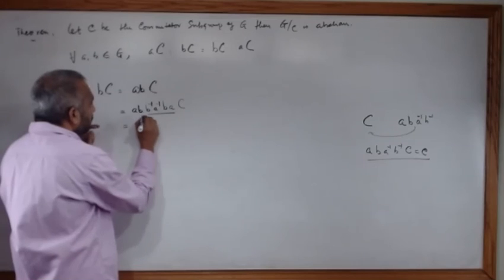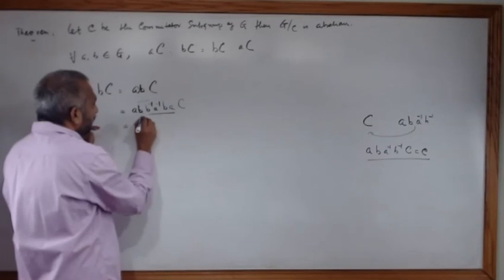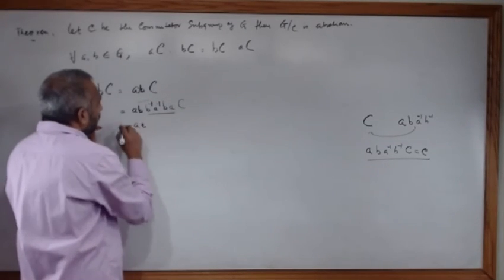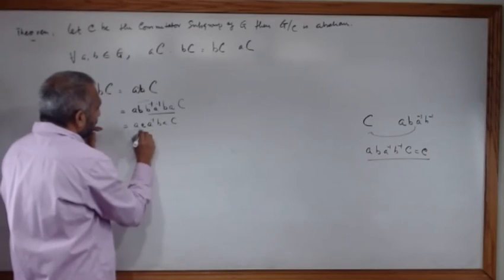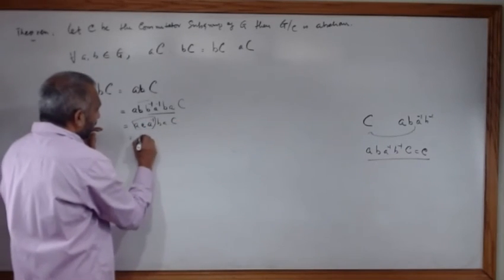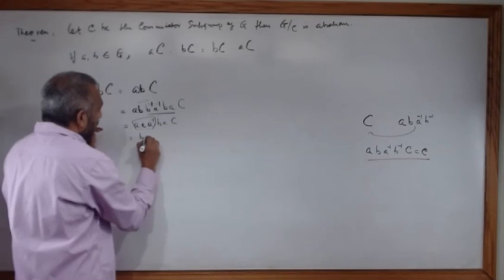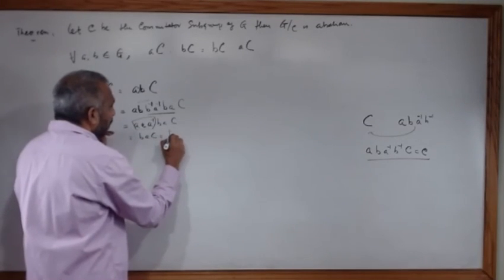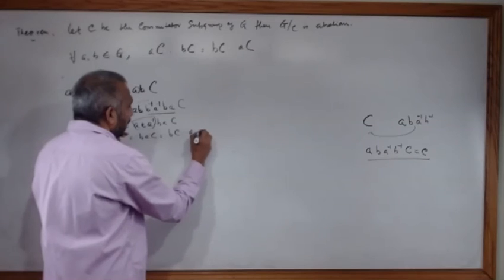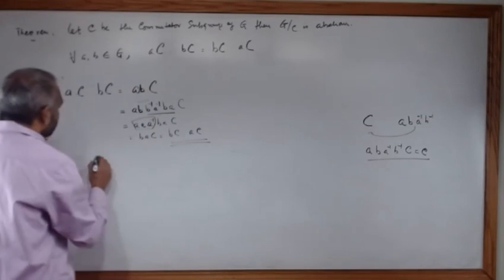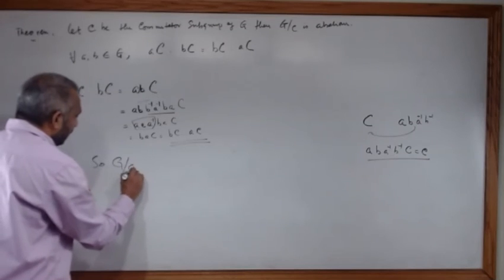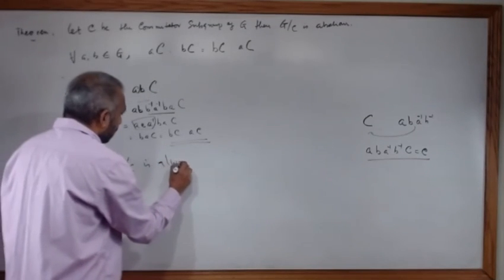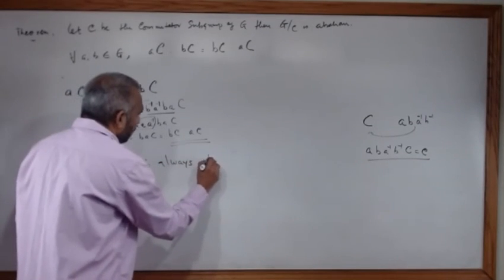And if you compute this one, this is E, A inverse, B, A, C. And if you compute these together, you get E, so it will be BAC. And that is equal to BC times AC. So G over C is always abelian.